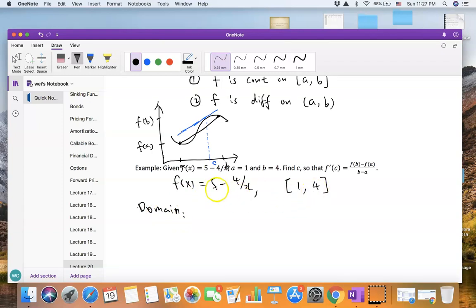So to answer the question whether f(x) is continuous on the interval from 1 to 4, we need to consider what is the domain of this function.